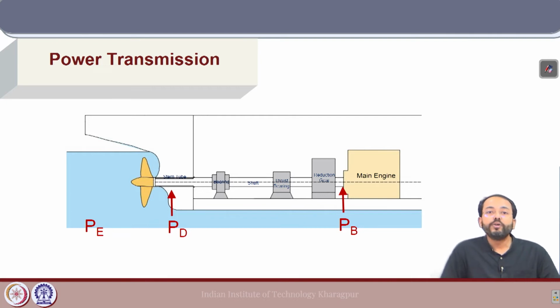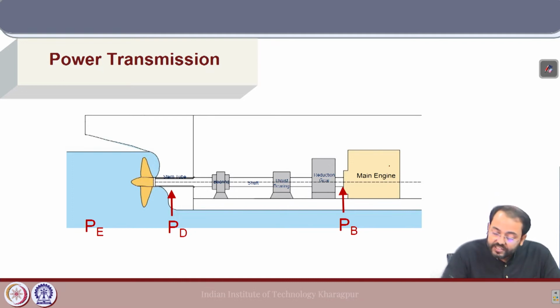If we look at the entire ship propeller system, it involves the power supplied by the main engine to the final power that is absorbed by the propeller and the power required to move the ship forward. This is the depiction of the stern part of the ship.